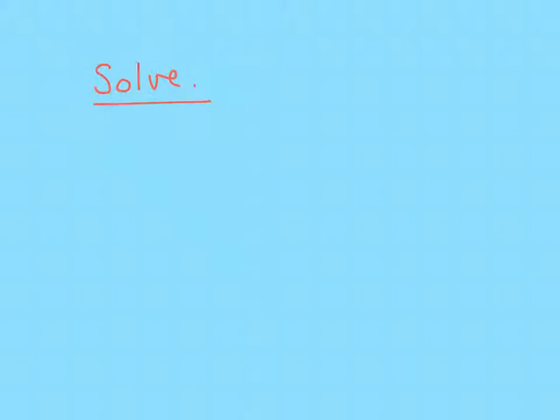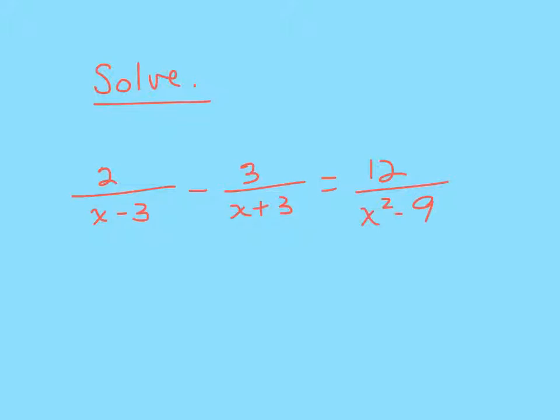And remember from discussions we've had previously in the class, you can't solve expressions. You can only solve equations. So we're going to have problems that have equal signs involved, like this one. 2 over x minus 3 minus 3 over x plus 3 is equal to 12 over x squared minus 9.